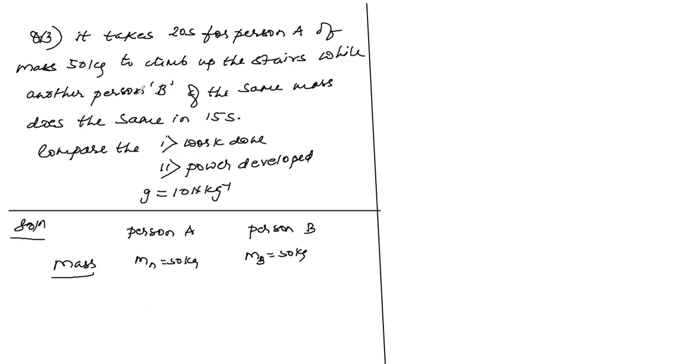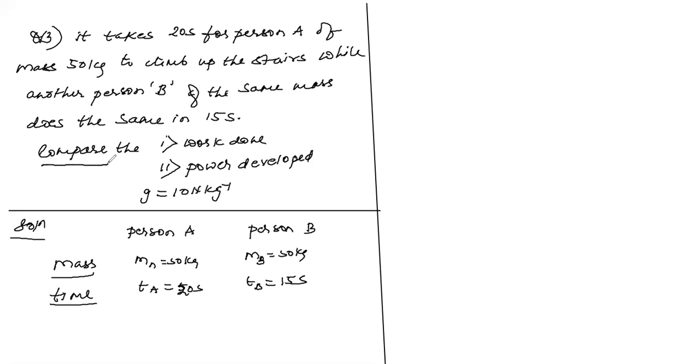To climb up the stairs, how much time is taken by person A? 20 seconds. While person B takes just 15 seconds. Now, the question is, compare the work done.